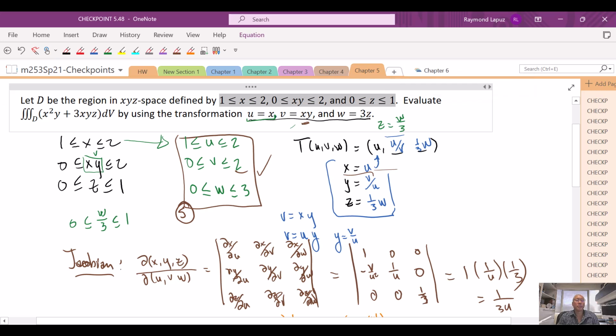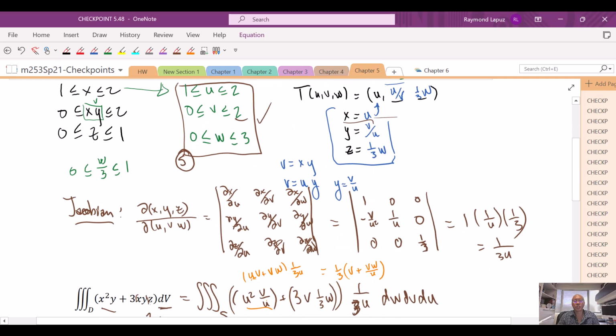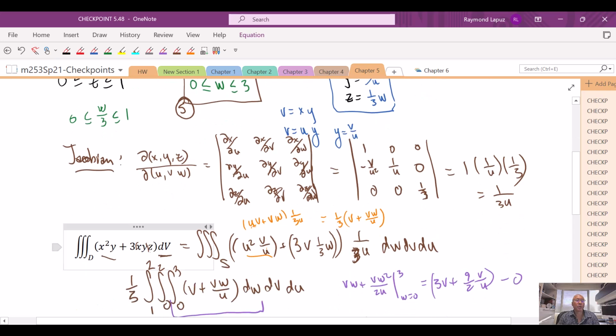So we made our new limits with uvw instead of xyz. We found the transformation T. We took that transformation and put it through the Jacobian 3x3 matrix, which happened to be upper or lower triangular, so the determinant is just the product of the diagonals. We rewrote our integrals, so we changed all the variables from xyz to uvw.